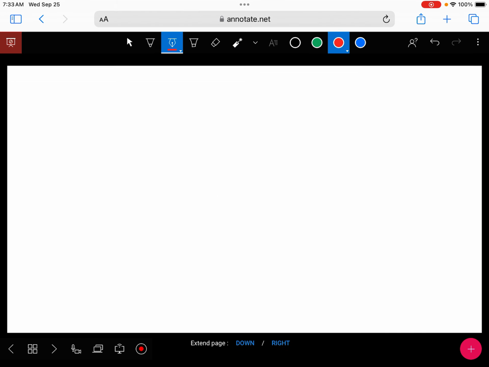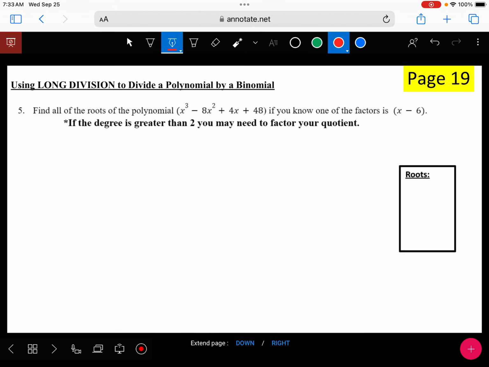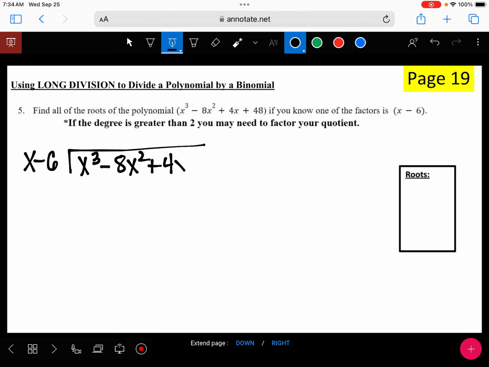All right, let's do one more. So this time we have an X minus 6 in the front. And then I have X cubed minus 8X squared plus 4X plus 48.